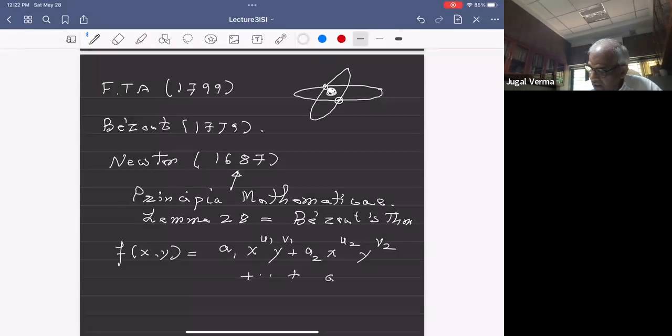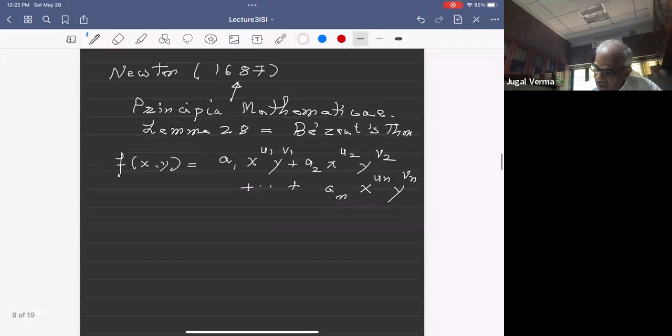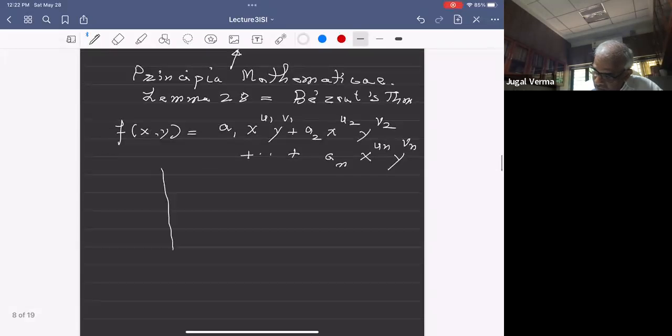And suppose I have n monomials x^un y^vn. Okay. So now what you do, you plot these exponent vectors.